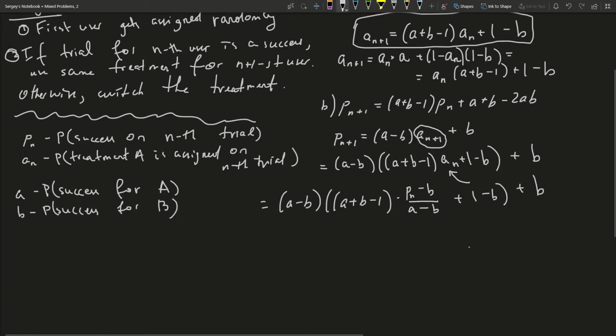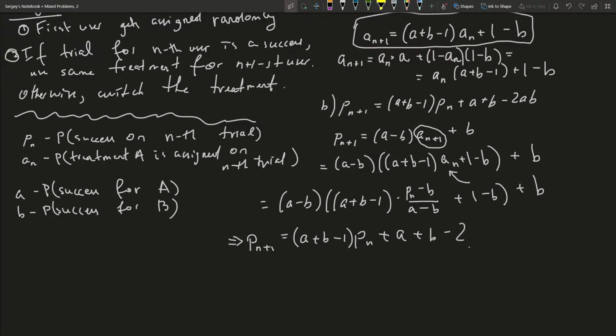So once we distribute everything out and simplify, we get that p sub n plus 1 equals a plus b minus 1 times p sub n plus a plus b minus 2ab, as desired, as we wanted to show.